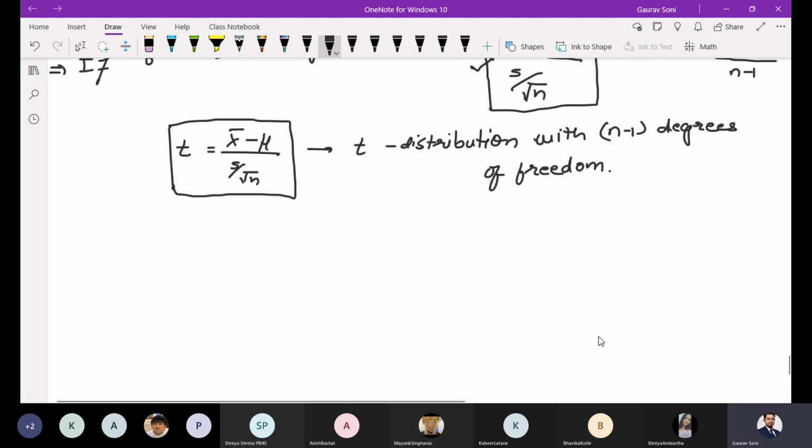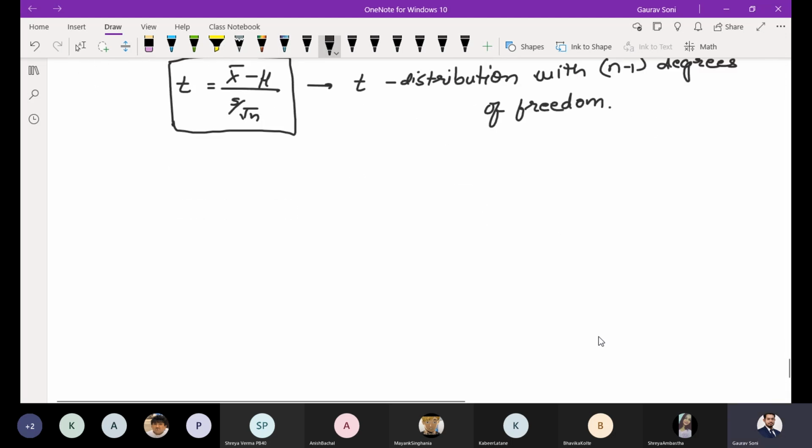Before I go for actual examples on this t distribution, I'll write down the remarks.